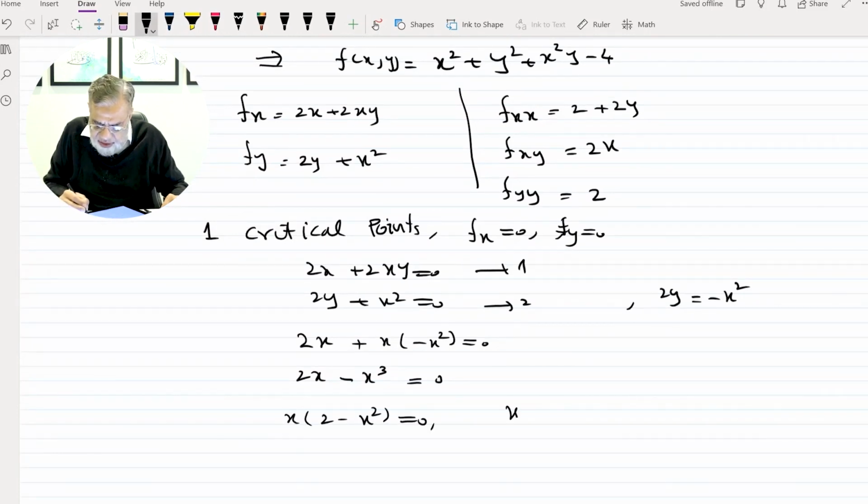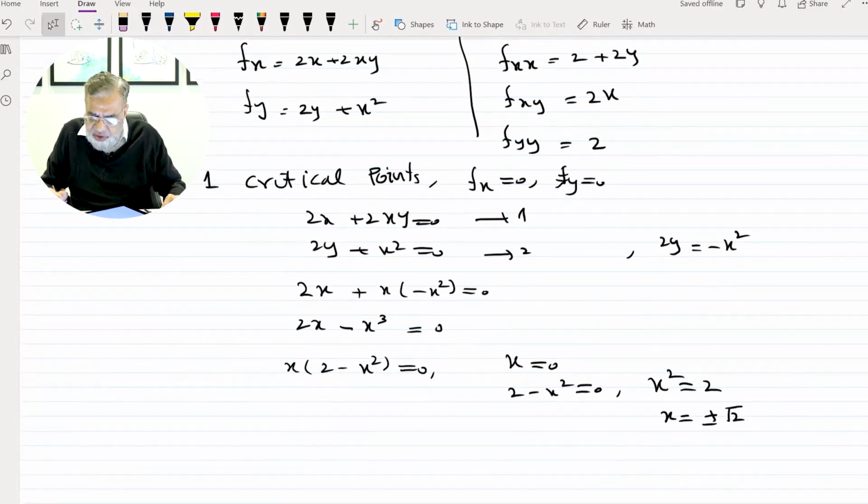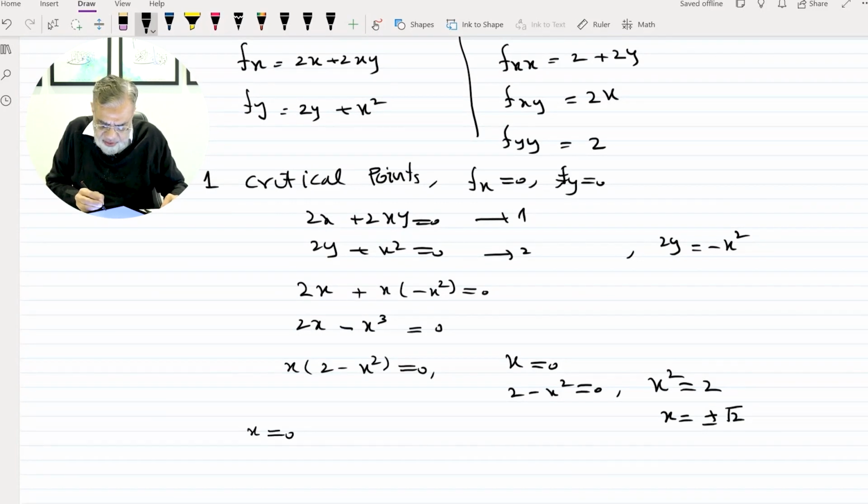We get two values, x equal to 0 or 2 minus x square equal to 0. We solve this one. Our x square is equal to 2 and our x is equal to plus minus root of 2. So I can find the value of y by substituting the value of x in this equation. Putting x equal to 0, we get y equal to 0.